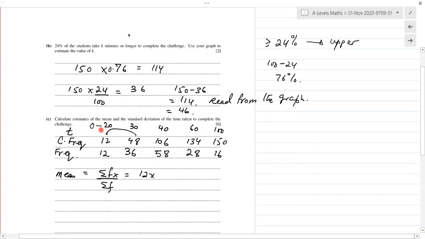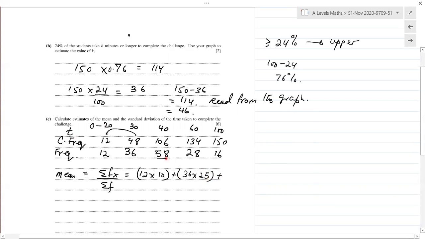X represents the midpoint, the average of these two. So that's 12 into 10 plus, now this is 20 to 30, so that's just going to be 25. And this is 36. So it's 36 multiplied by the X value, which is 25.